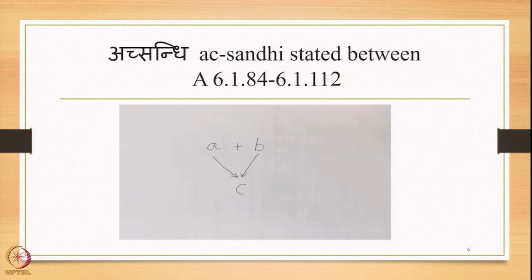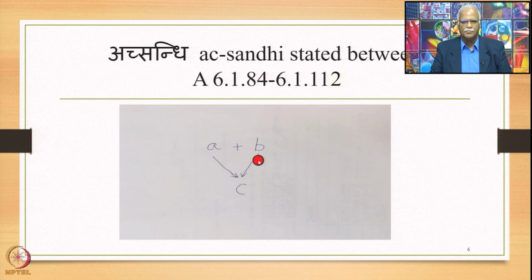Diagrammatically, this is explained in this manner, where you have A plus B, and we can describe this as A that comes immediately before B and B that comes immediately after A. So they both bracket each other, and in the environment of each other, then in place of both of them one substitute appears as a result of the application of one of the sutras stated in this particular section, starting with 6.1.84 onwards.